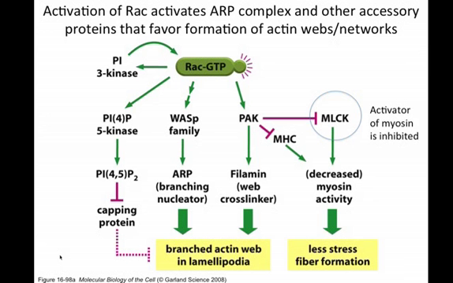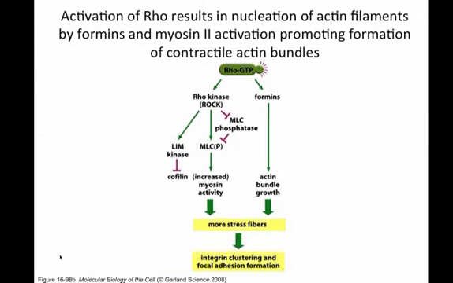You don't want to cap your actin, do you? No, because you want that treadmilling. It's pretty cool when you see all this communication between all these different accessory proteins to get the active structure that's required for the cell at that time.